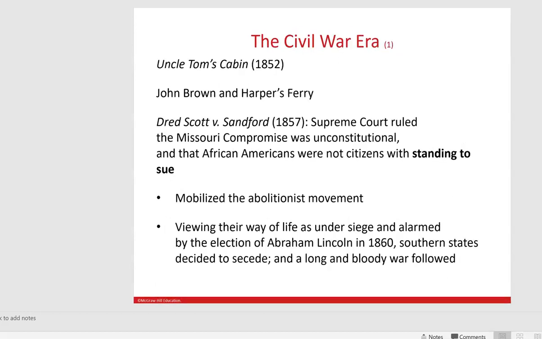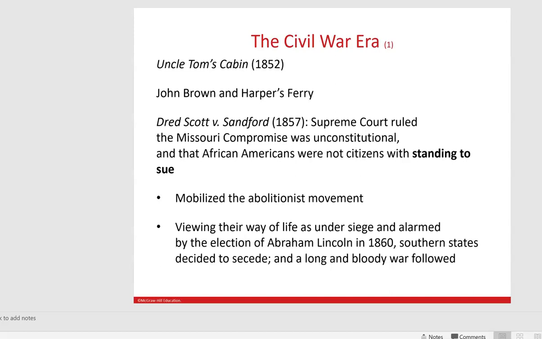Uncle Tom's Cabin was a book by Harriet Beecher Stowe that spoke of the terribly harsh treatment of the slaves. As a result, more advocates began to oppose slavery and were mobilized. Because at that time, African Americans were not considered citizens of the United States.